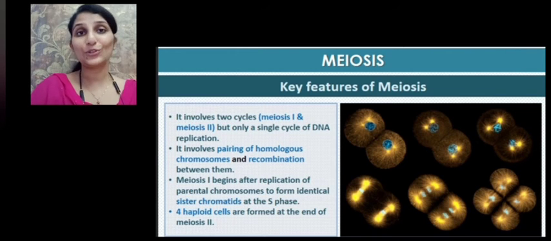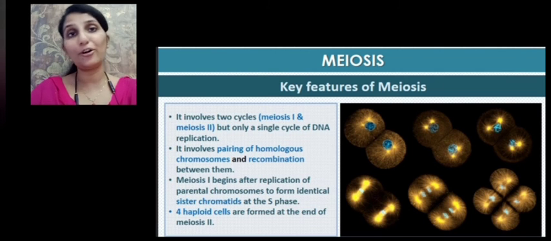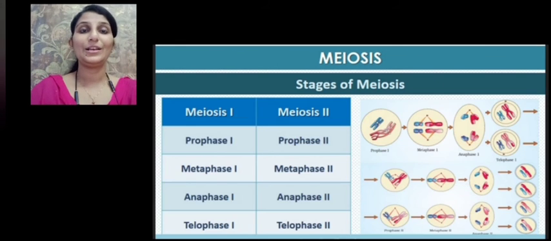So the salient features are: two cycles are involved, meiosis 1 and 2, but DNA replication occurs only once. Pairing of similar, or homologous, chromosomes takes place. Crossing over and recombination take place. And meiosis 1 follows the replication of DNA in the S phase, and four haploid daughter cells, or gametes, are formed at the end of meiosis 2.